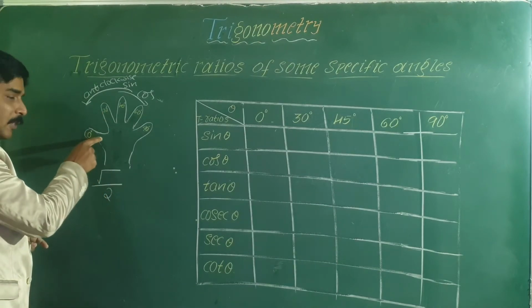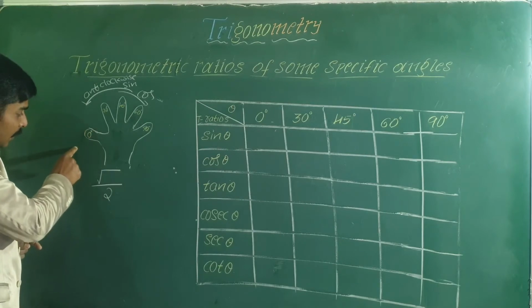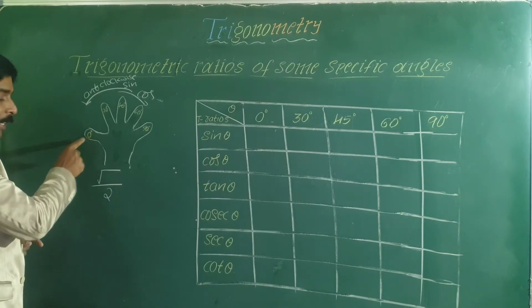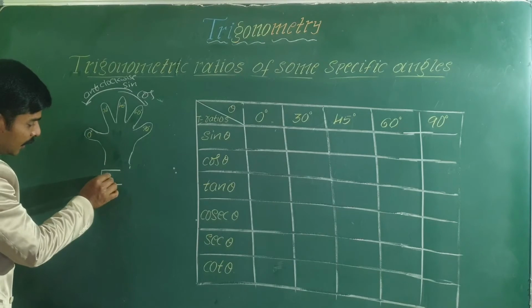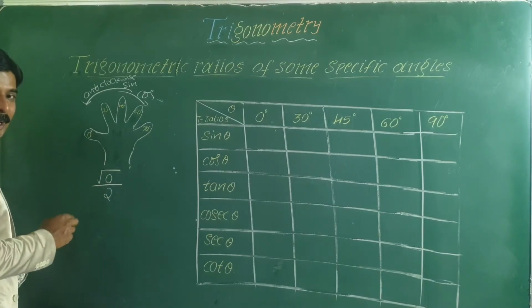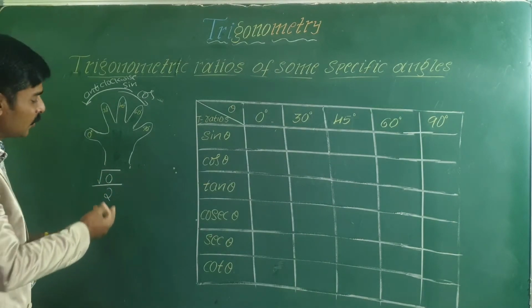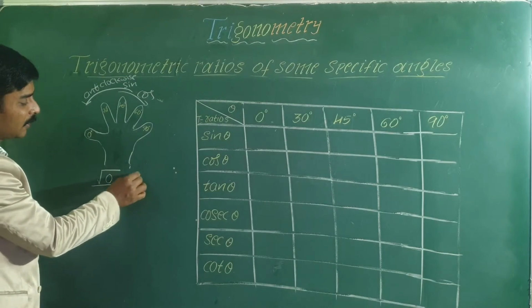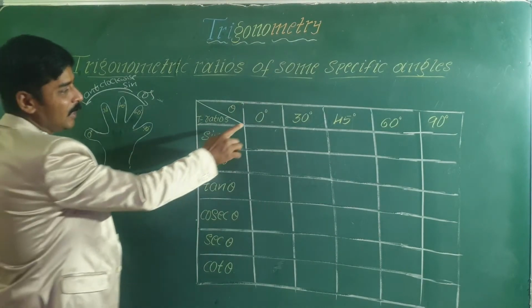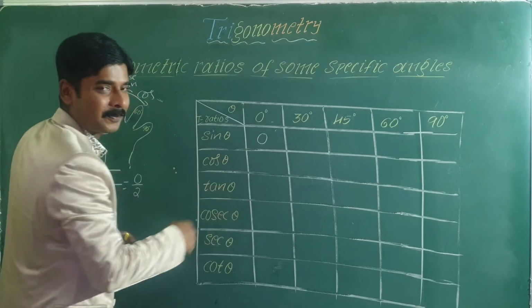There are no fingers, therefore it is root of 0 by 2. Root of 0 is 0, so 0 divided by 2 is 0. So sine 0 degree is 0.